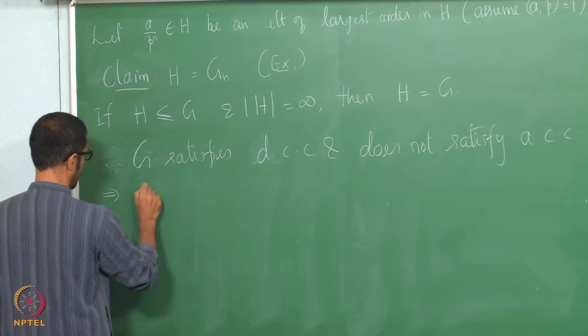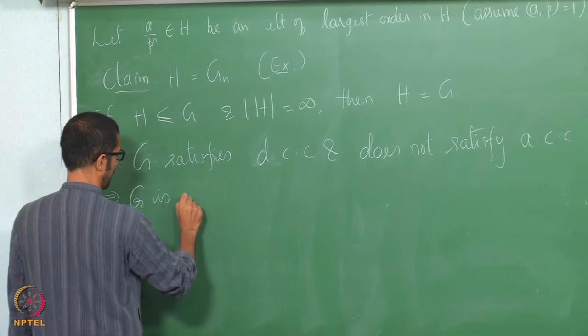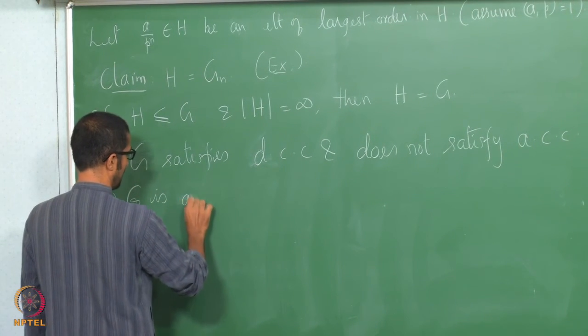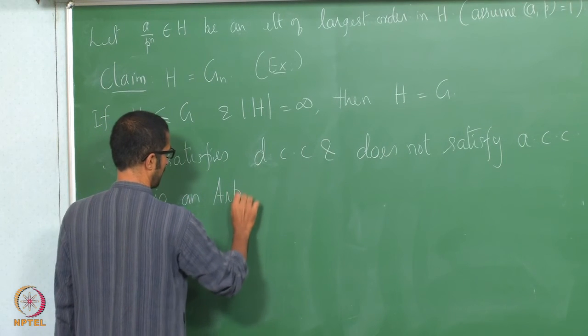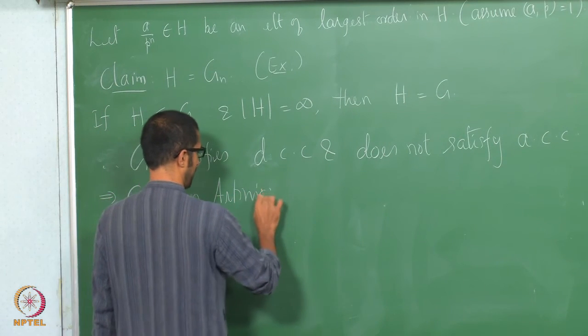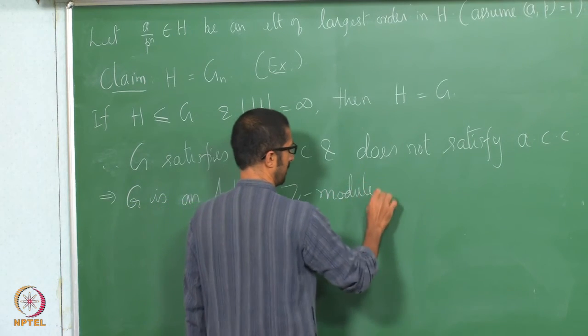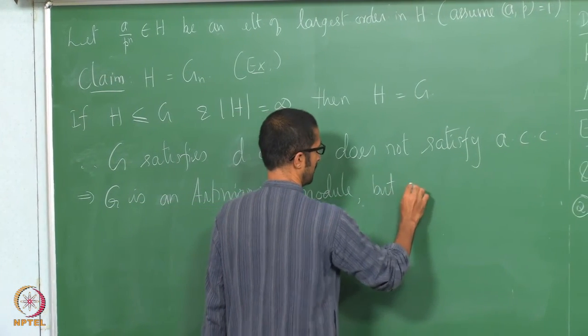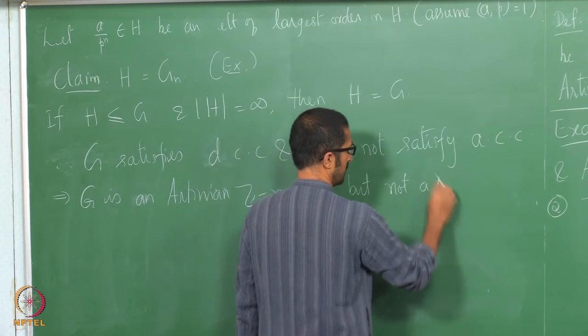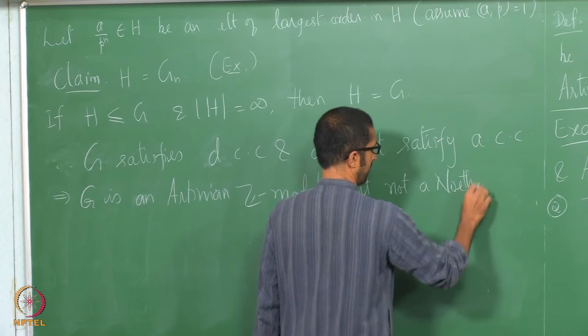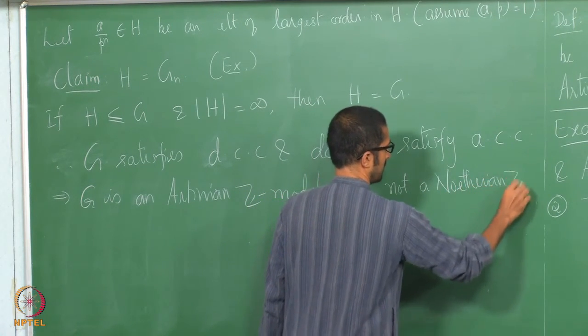So, therefore, G is an Artinian Z module but not a Noetherian Z module.